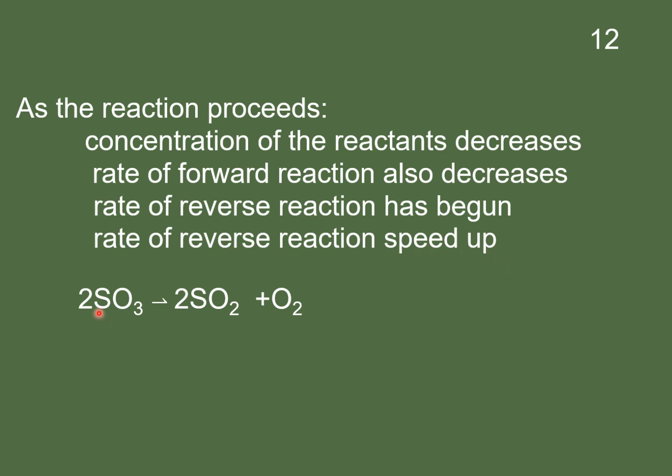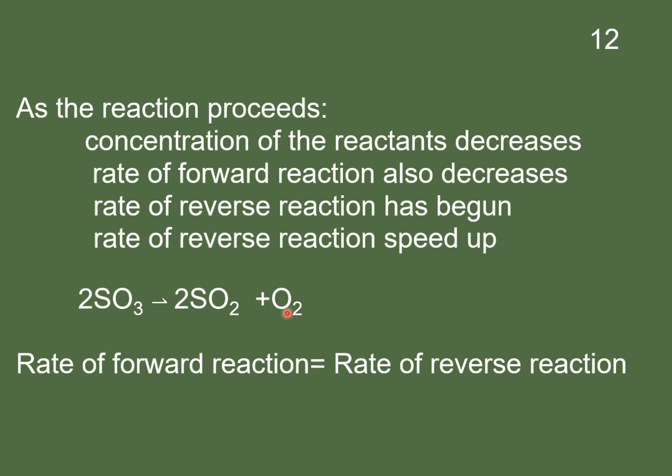Sulfur trioxide decomposes into sulfur dioxide and oxygen, and the reaction speeds up. And the time comes when the rate of forward reaction is equal to the rate of reverse reaction. When the rate of forward reaction is equal to the rate of reverse reaction, this is called the equilibrium state.